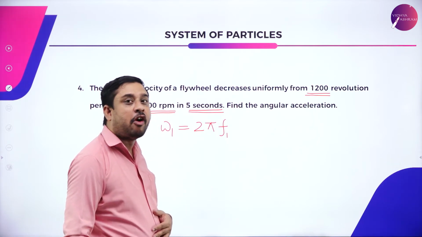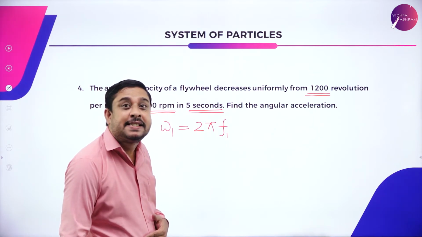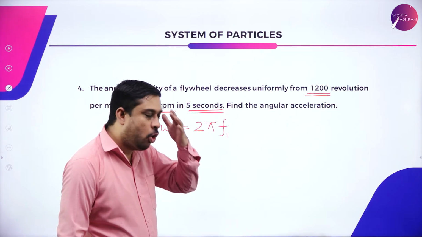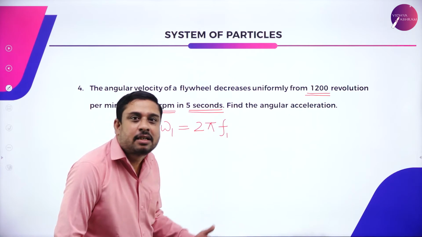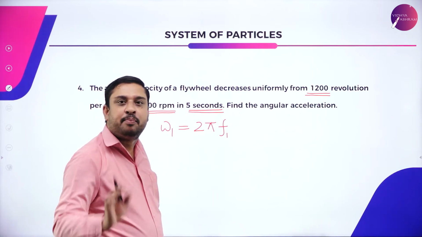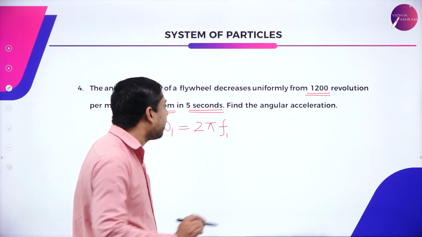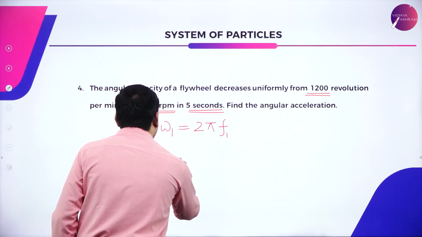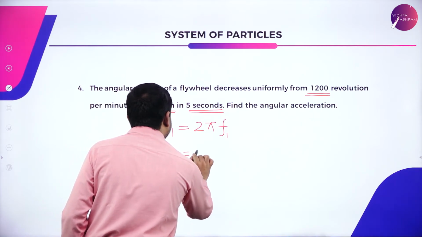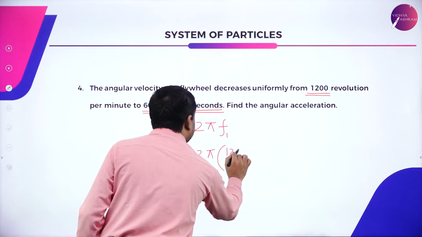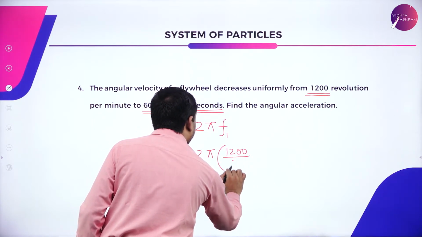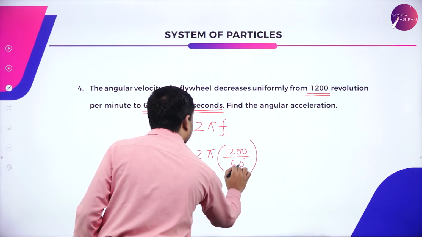Without writing the formula, never simplify. I told, formula carries marks. If you directly substitute and simplify, that is not awarded. So omega 1 is 2 pi into 1200 by 60.